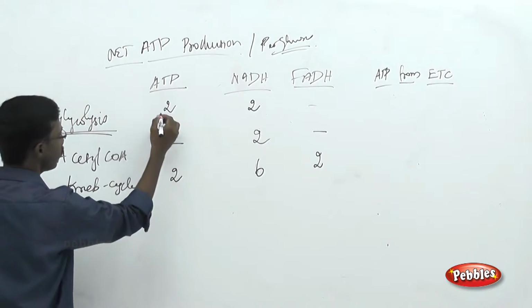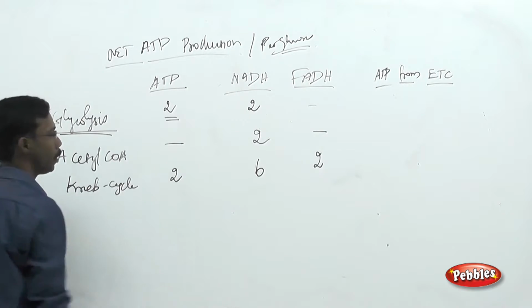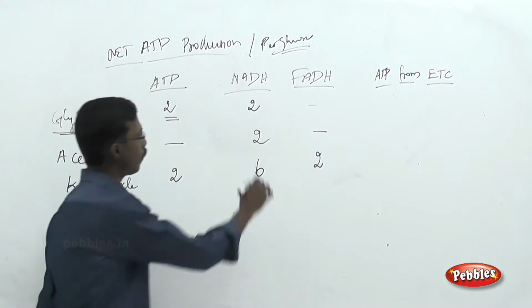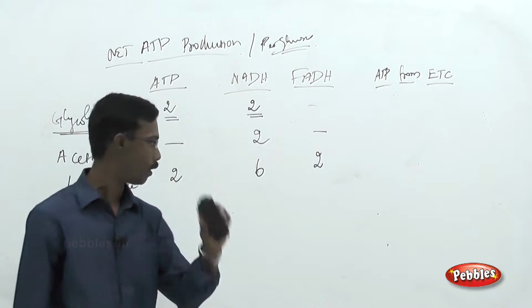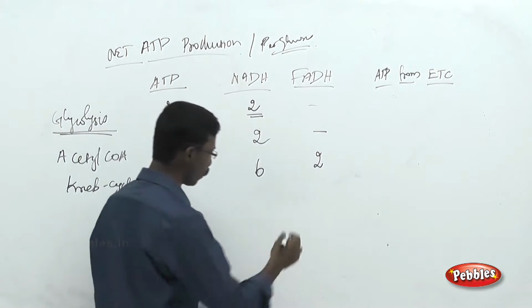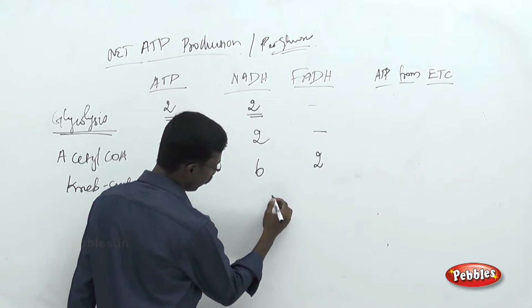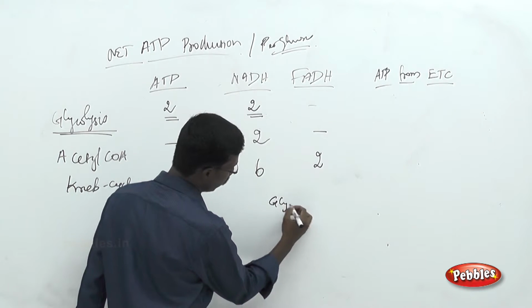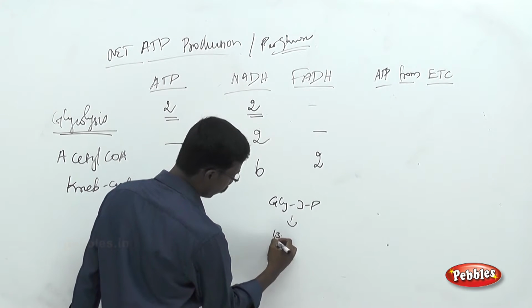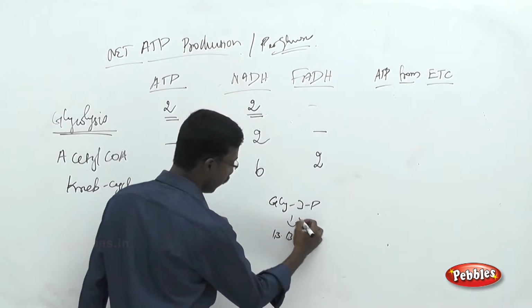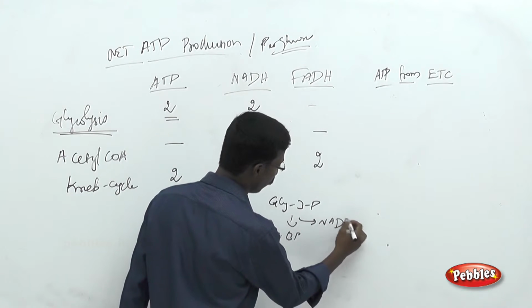So in glycolysis there are two ATP molecules being produced and two NADH molecules being released. As we have seen, from the glyceraldehyde 3-phosphate through the 1,3-bisphosphate, they release an NADH molecule.